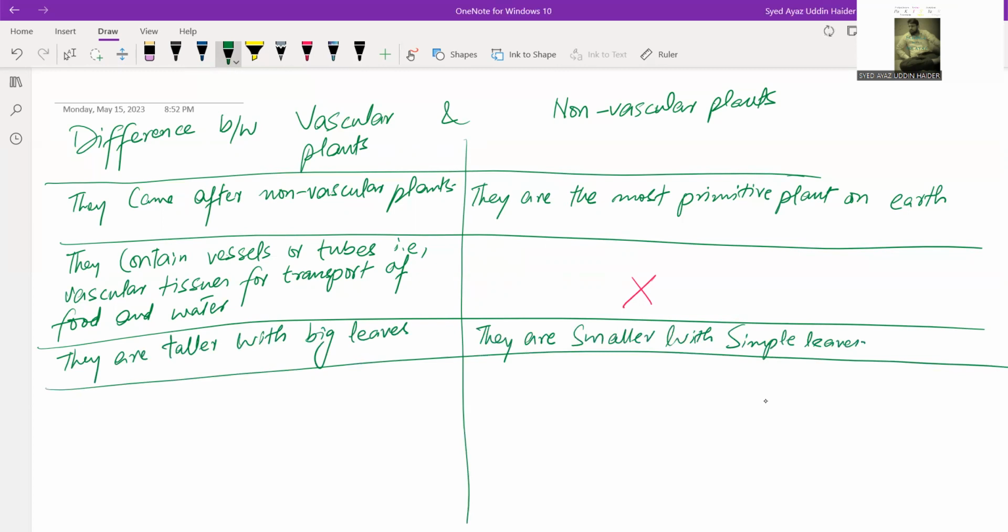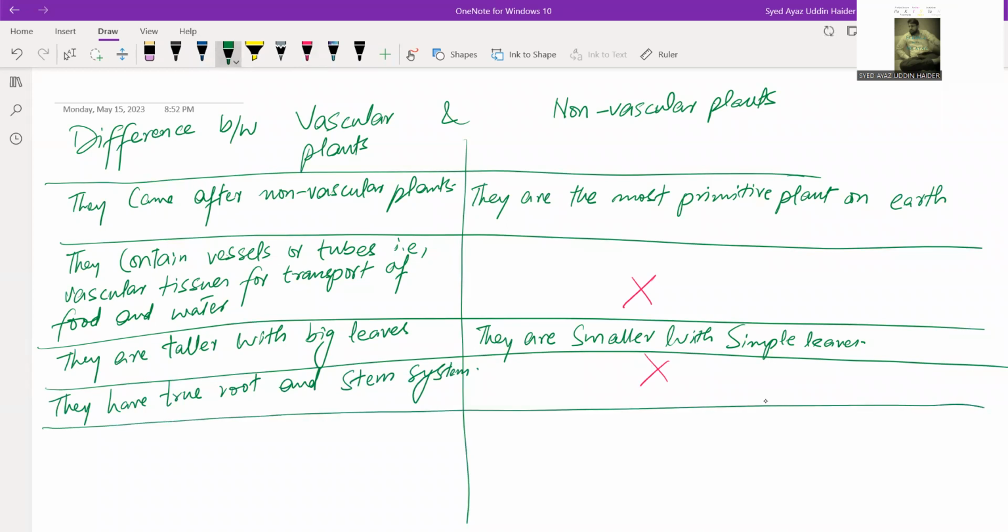Now, vascular plants, they have true root and stem system. On the other hand, non-vascular does not have these.